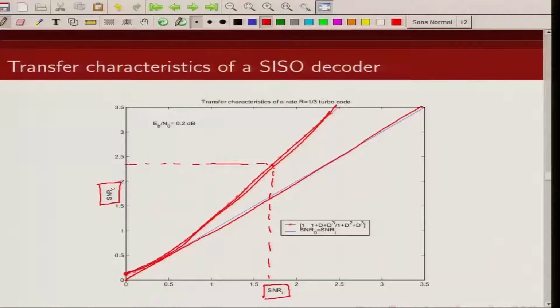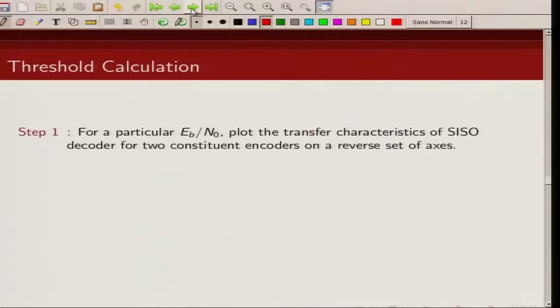Now, if you have a symmetric turbo code, you obviously would like your transfer characteristics to be above this line. Now, how do we use this transfer characteristics to compute the decoding threshold? So, how do we find out the minimum SNR under which our iterative algorithm will converge?